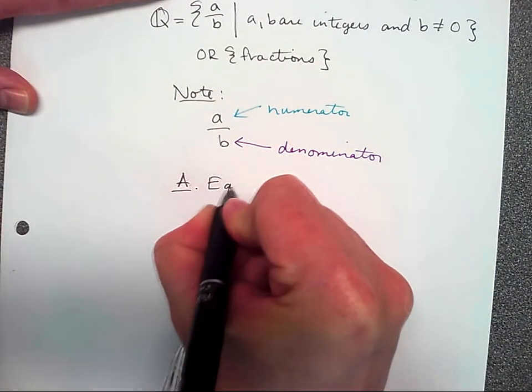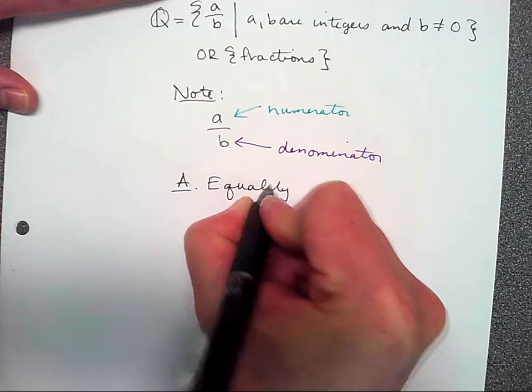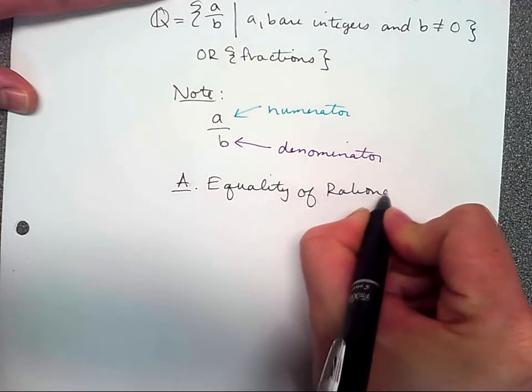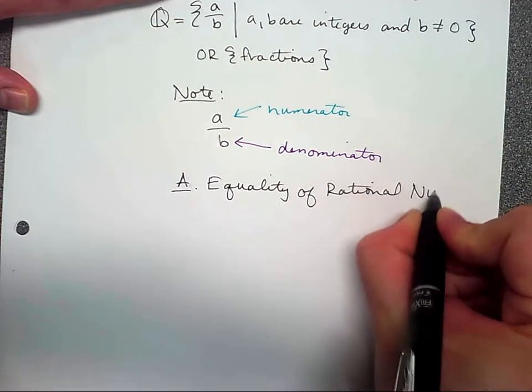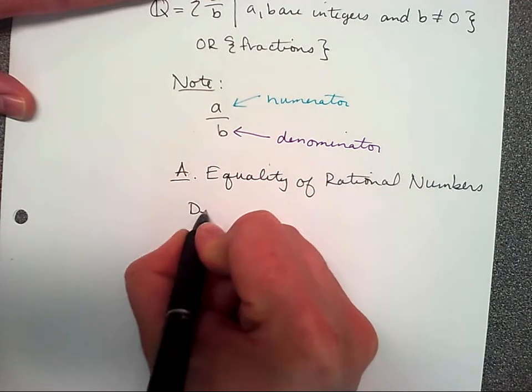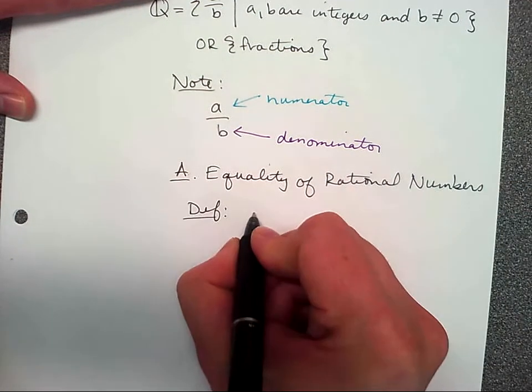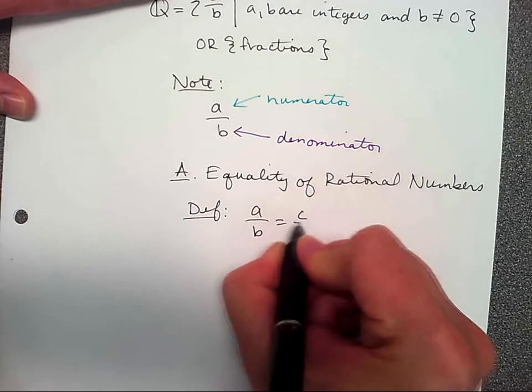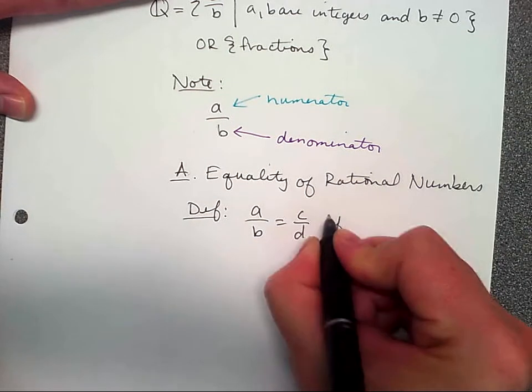So equality of rational numbers. We're going to take this as a definition. Two rational numbers are equal if what?